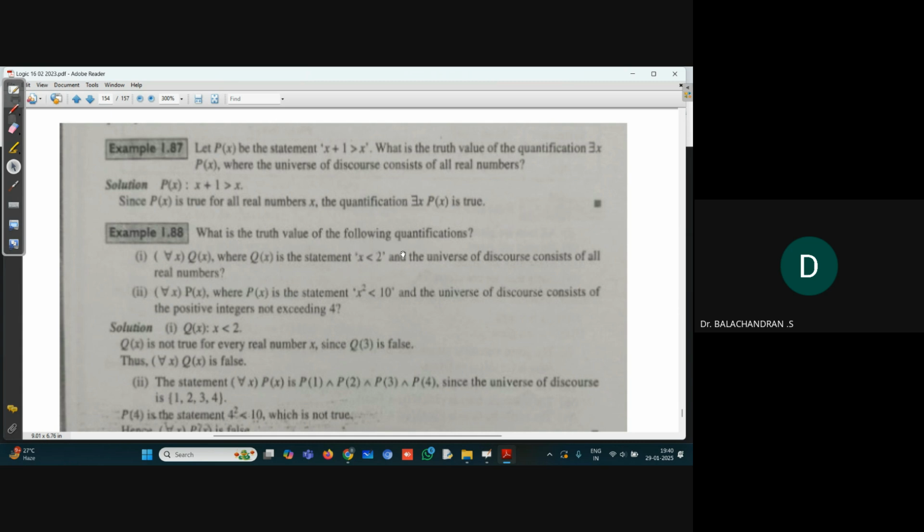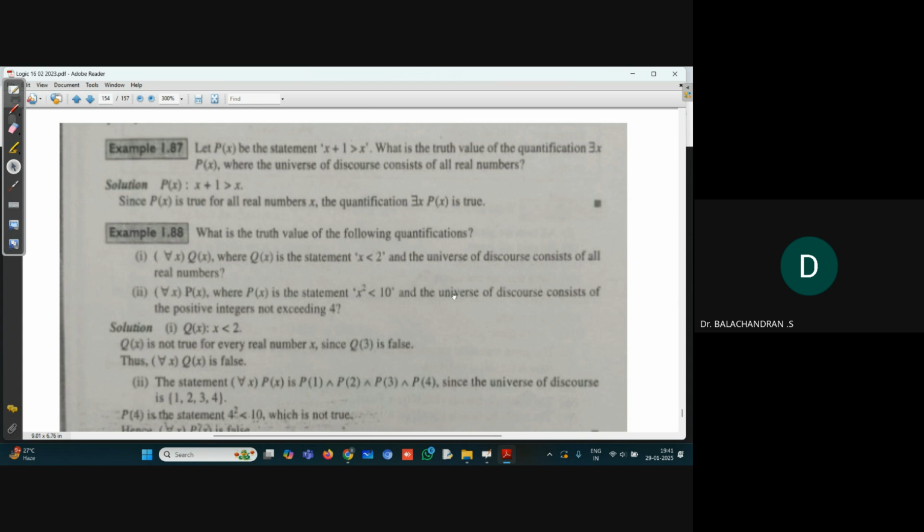If I take X as 1, this is true, but they are telling that this is true for every X, but it is not true for every X. It is true for some X. So Q of X is not true for every real number, because Q of 3 is false, Q of 4 is false. So for every X, Q of X is false.